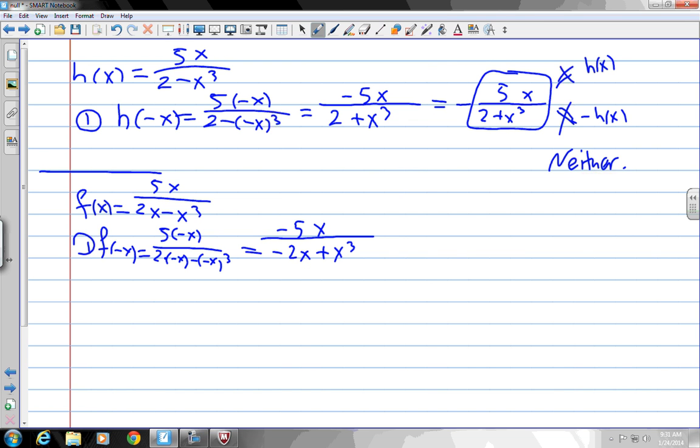That means I should be able to factor out the negatives and reduce them. If I pull a negative out of the denominator, it gives me 2x minus x cubed. And if I cross out the negatives, that's the same as the original, right? So it's even.